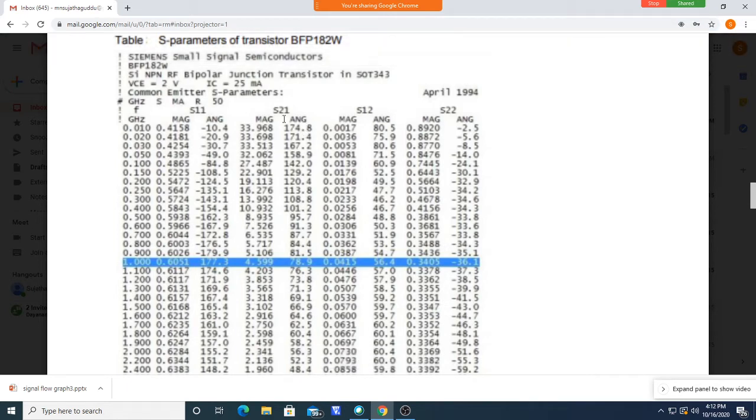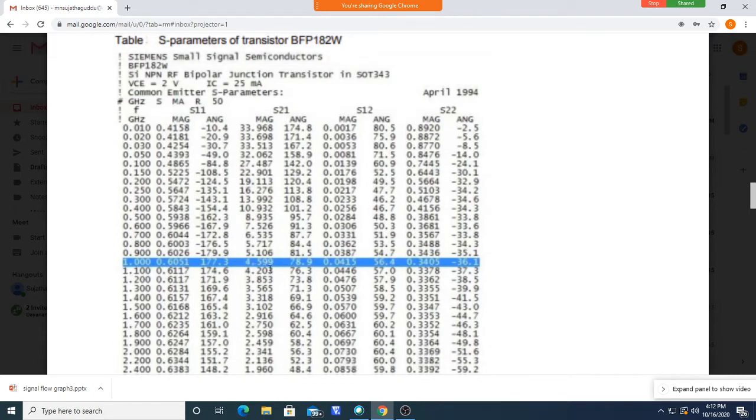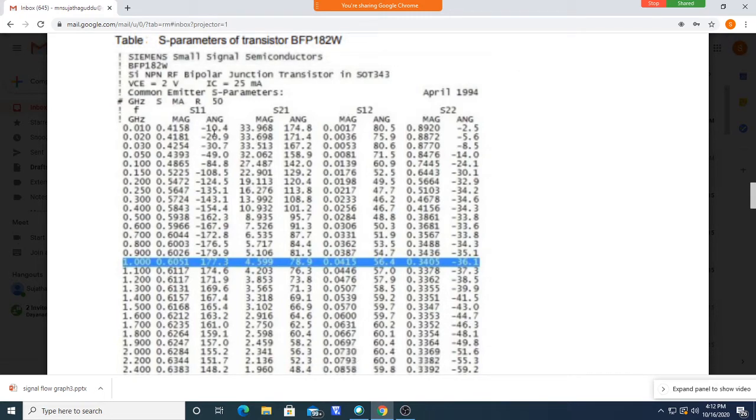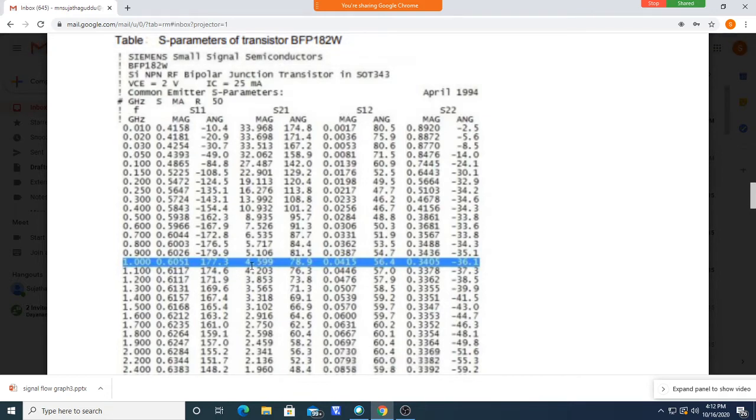That means V2 is 4.599 times the input at 1 gigahertz, but at 0.01 gigahertz it is more: V2 is 33 times V1. It reduces, so the gain S21 doesn't remain the same.